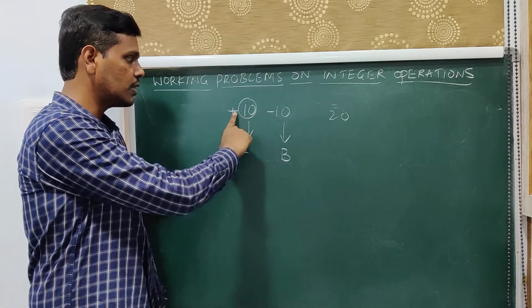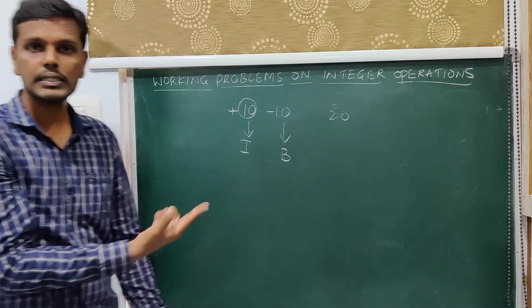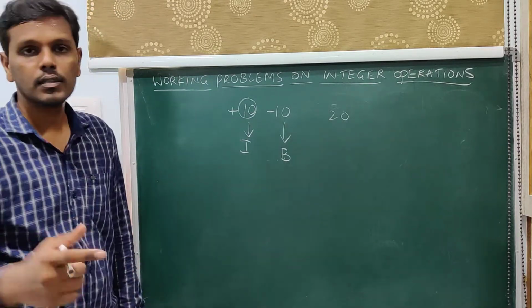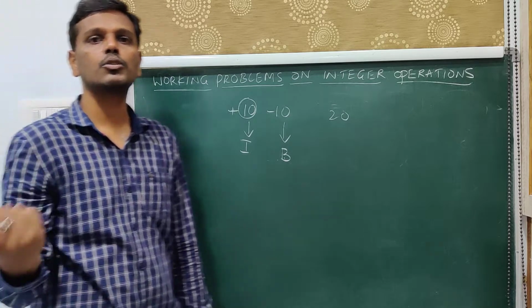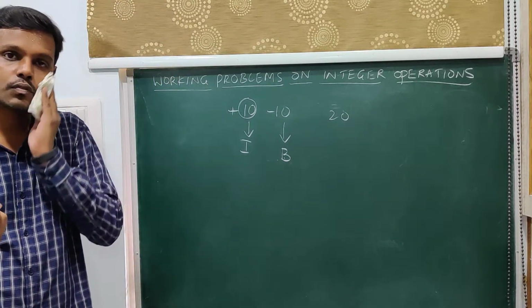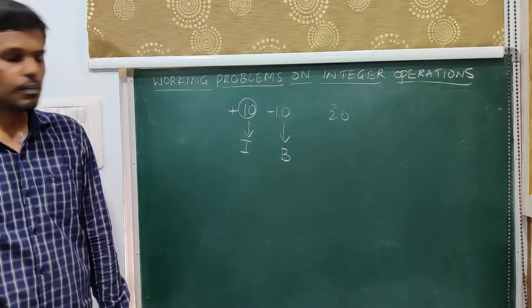So the situation is indicated by these signs, whereas the numerical value is the same, but that plus or minus sign indicates the situation, whether that belongs to you or that belongs to somebody else, or whether that is the amount that is with you, or that is the amount that is going to be subtracted from you.